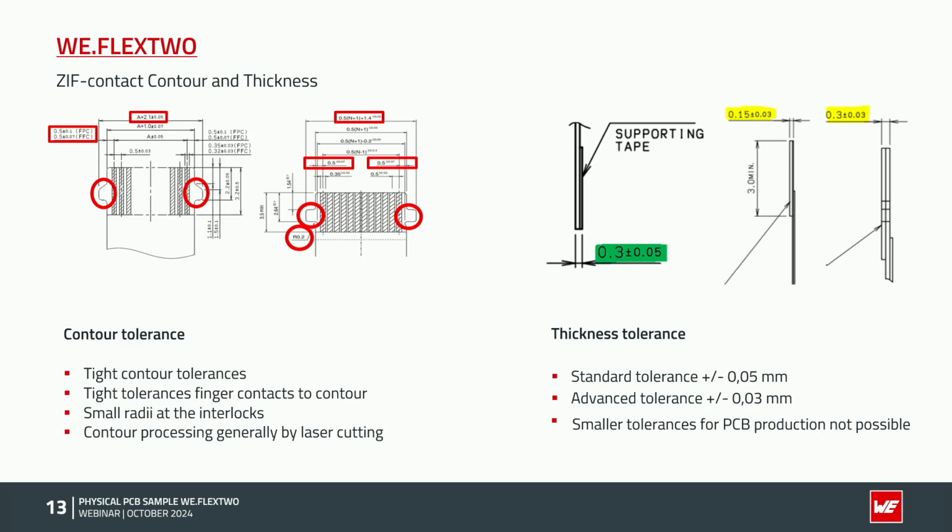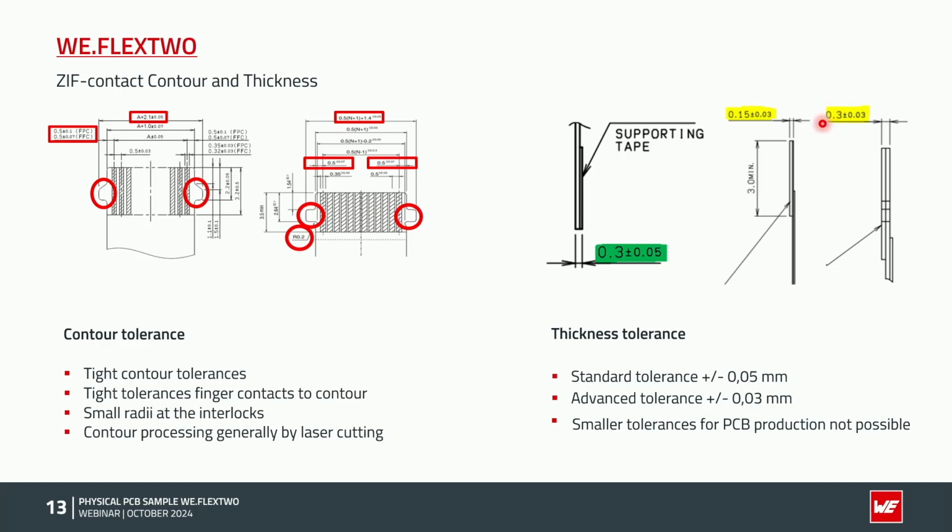So typical PCB-relevant drawings on SIF contacts define the contour itself and all the tolerances, or the tolerances in the thickness. And you can say the smaller the pitch, the smaller the tolerance of the structures. The thickness tolerance itself, you can see it here, is 0.05 millimeters or 50 micron typically.